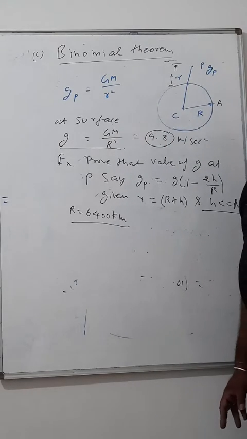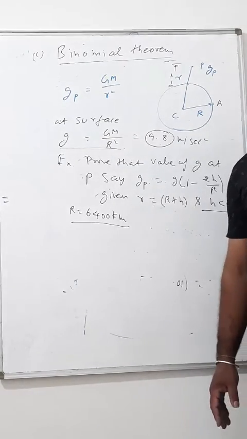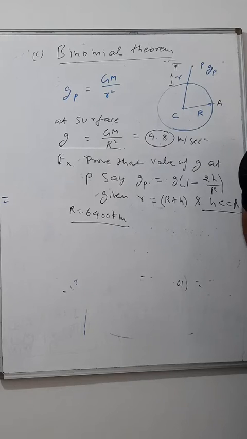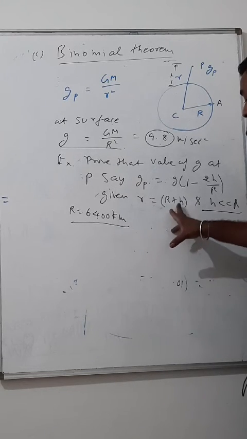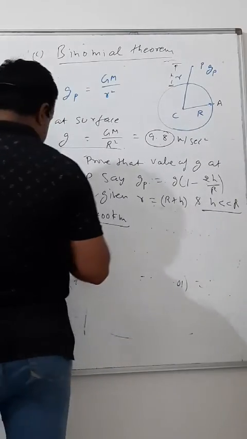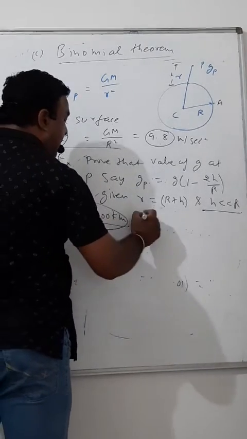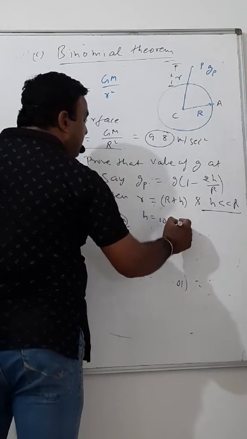Sometimes the situation is that if it is asked that from the ground level, you need to find the value of g at 10 kilometers height from the Earth's surface. Then h is 10 kilometers and R is 6,400.